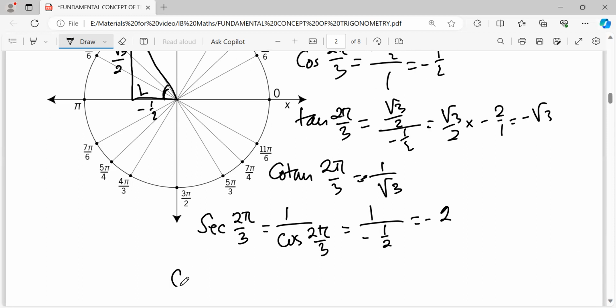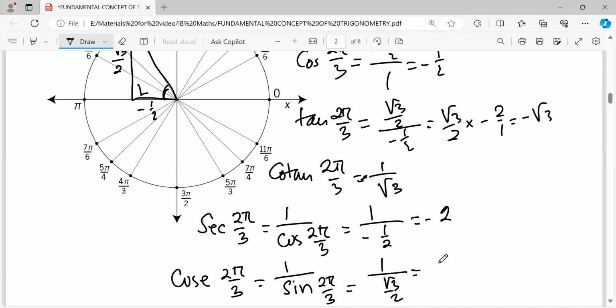Cosecant 2 pi over 3 equals 1 over sine, okay, equals 2 over square root 3 or 2/3 square root 3. Okay.